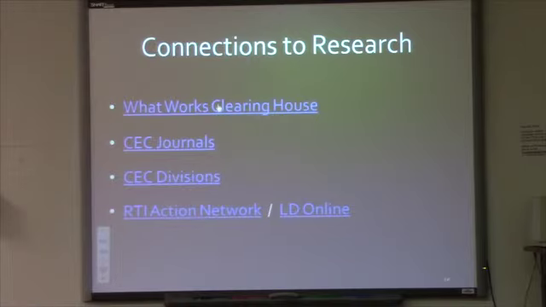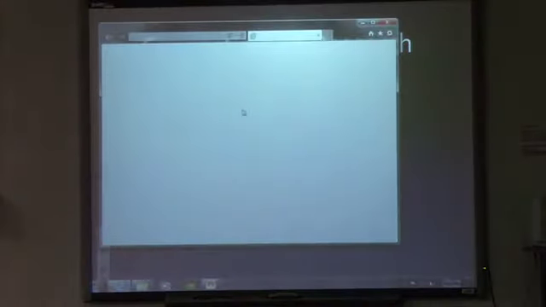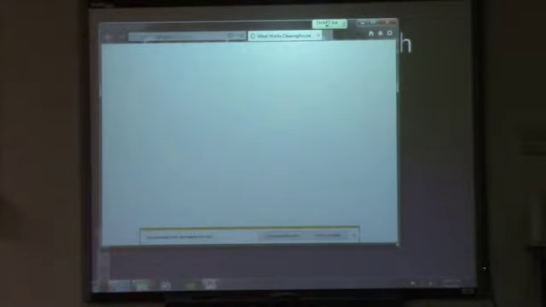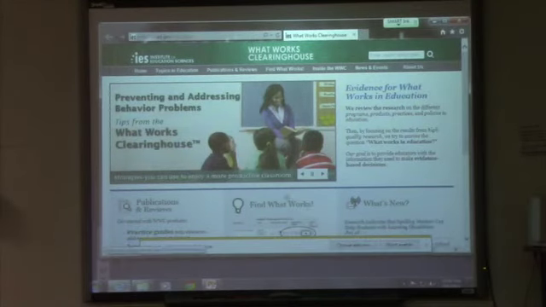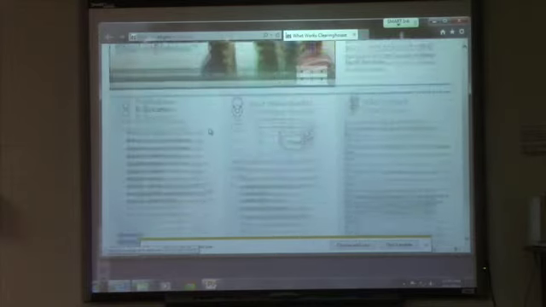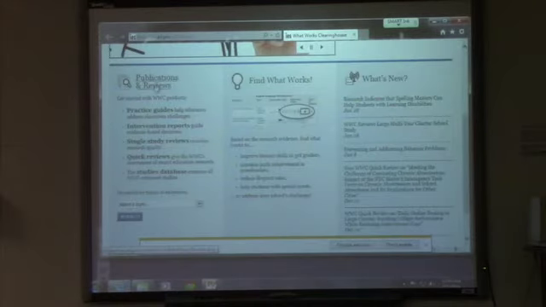So here are some general websites. What Works Clearinghouse is typically a website for general education curriculum, and your focus here is to provide students access to the general education curriculum. The other websites are more aligned with special ed. So if you go to such a website, you can look and get publications and reviews of different programs, different strategies.